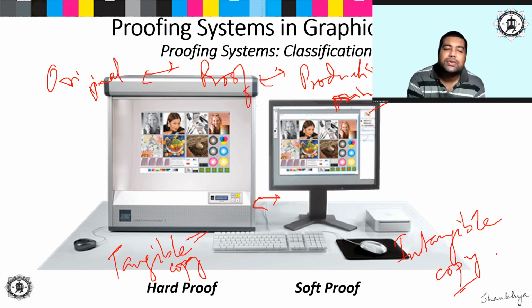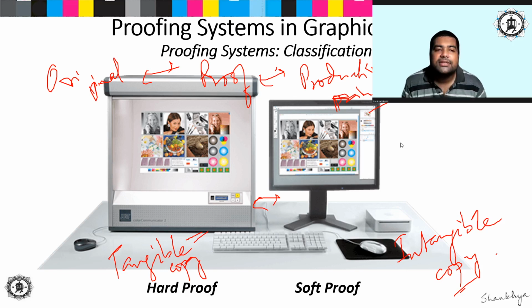So one distinction that you see in front of you is between the soft proof and the hard proof, right? Also, there is another type of proof known as direct and indirect proof. So what is a direct proof? Direct proofs are those produced directly from an original without the use of intermediate films or plates, like your digital printers. Indirect proofs are those which require an intermediate film or plate or both. So indirect proofs are basically your production proofs.